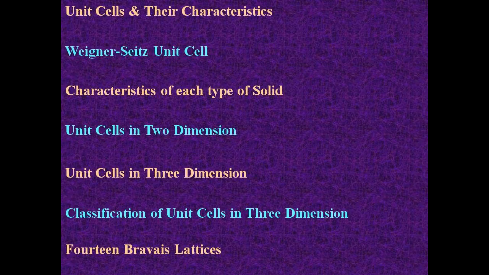It's the second part. Here we will discuss the unit cells and their characteristics: unit cells in 2 dimensions, unit cells in 3 dimensions, and their pictorial representations. Different 3-dimensional unit cells, primitive and centered. 14 Bravais lattices.